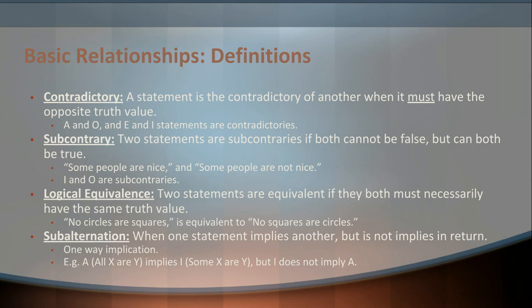So let's look at the idea: some people are nice, some people are not nice. These two statements are subcontraries. The book, I think, uses this example, and I think it shows up in several different places. It works out rather nicely. It cannot be false that some people are nice and also be false that some people are not nice.